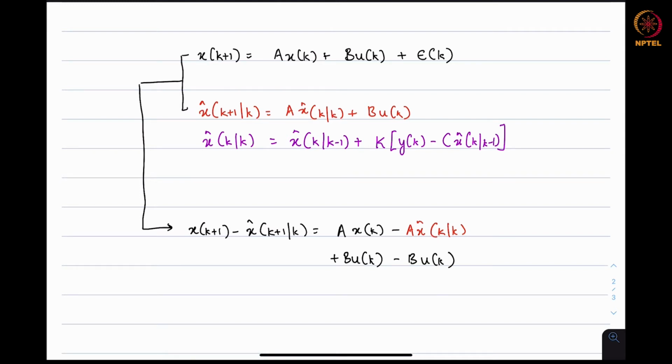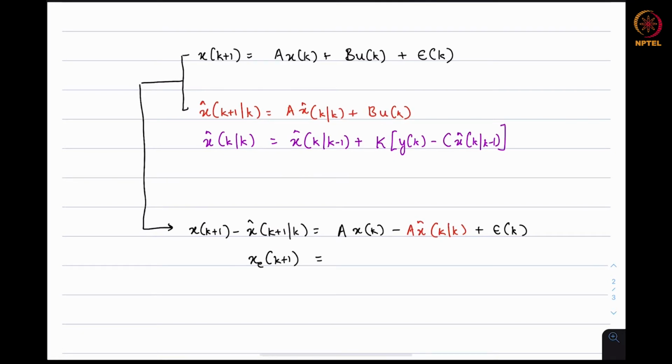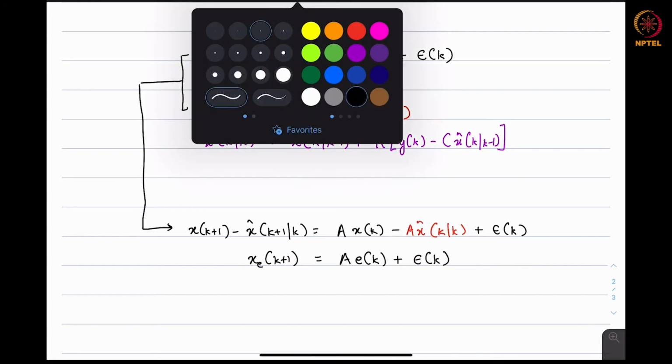So these two will get cancelled, so I will just erase them out, and plus epsilon k, which I can then write as xe k plus 1 equal to a e k plus epsilon k. Okay, so that's the first equation that I get.